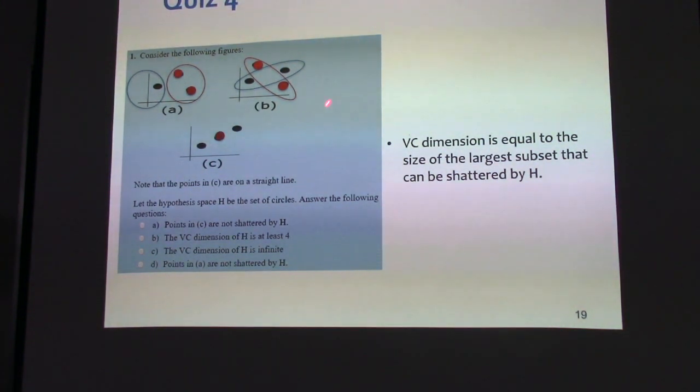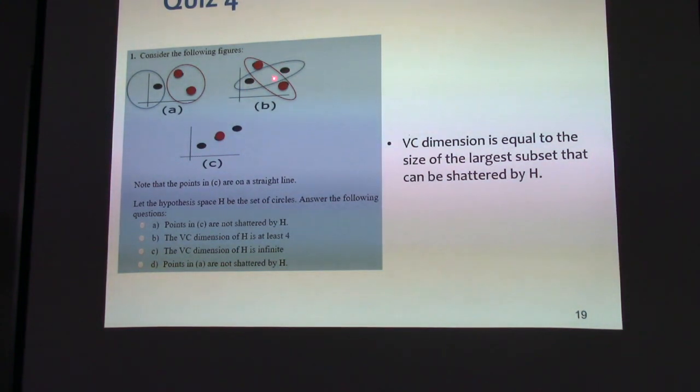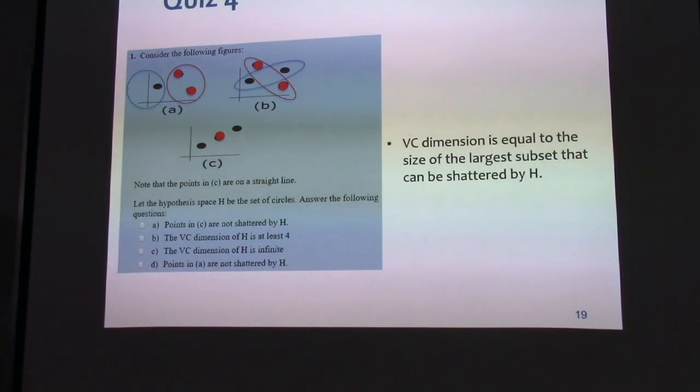However, in this figure, if those two points are the same class, and those two points are the same class, you cannot use two circles to separate those two classes.